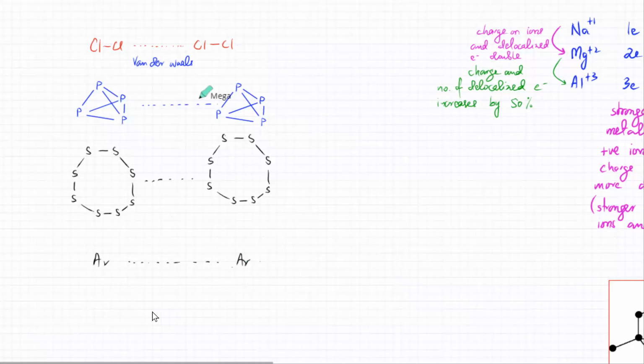Van der Waals forces are going to be stronger. I mean, all of them have van der Waals forces. But remember this, van der Waals forces depend on surface area as well, but obviously the number one factor is the size. So bigger molecules have more van der Waals forces.